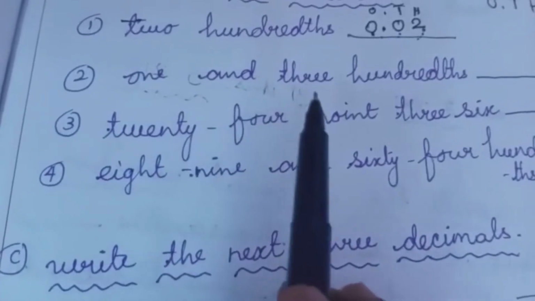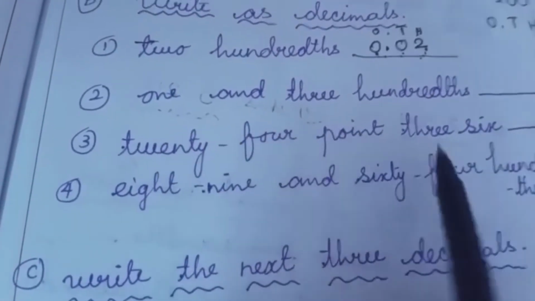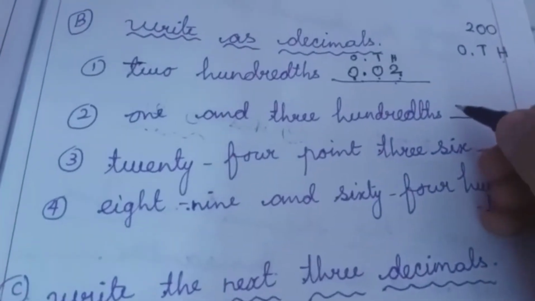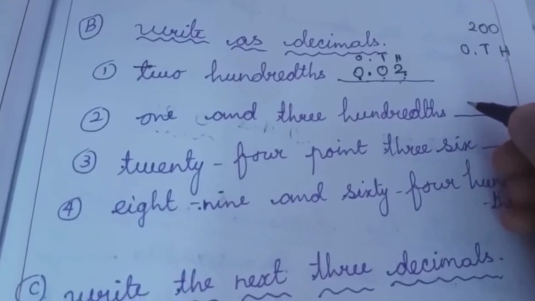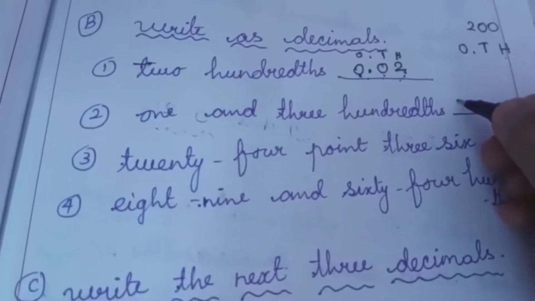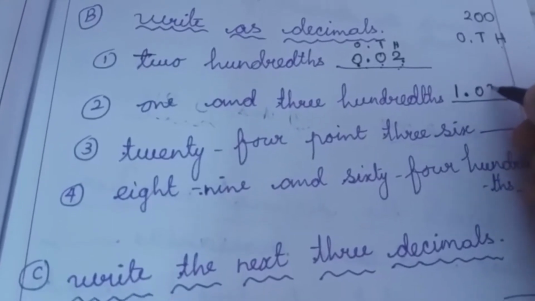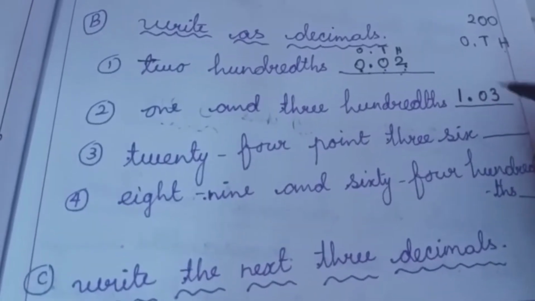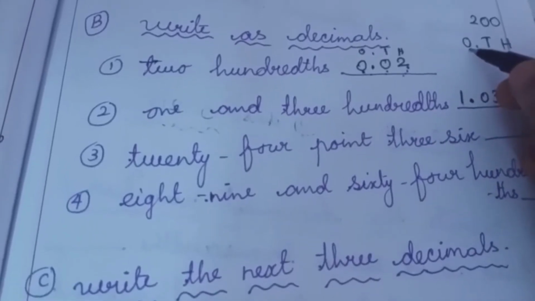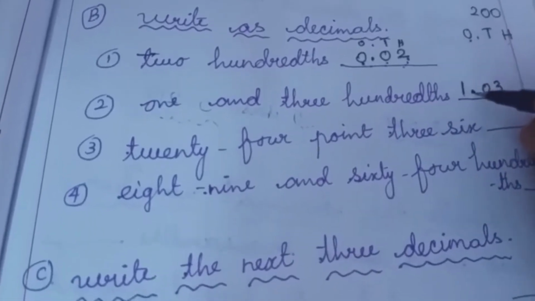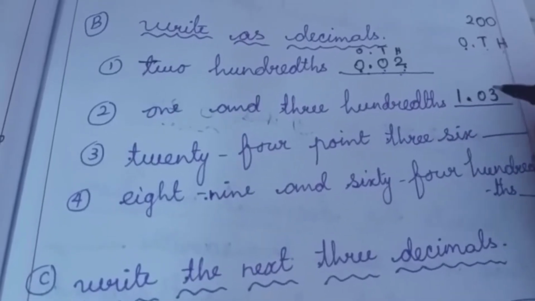Next one, read it. 1 and 300s. How will we write the answer? 1 and 300s, we have to write 1, then point 0.03, because it already says 1. 1 will come under ones, then point, and then under tens 0, under hundredths 3.